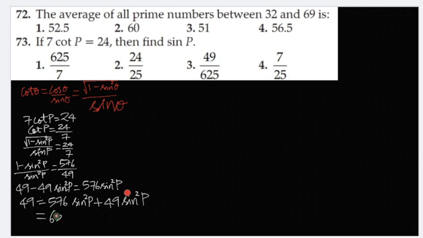So 625 sin square P will be on this side. Now you know what to do. We can calculate sin P by taking the square root.